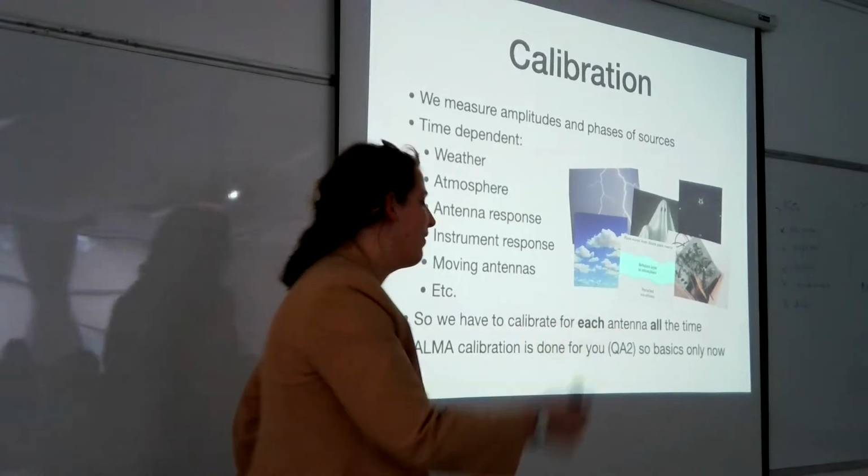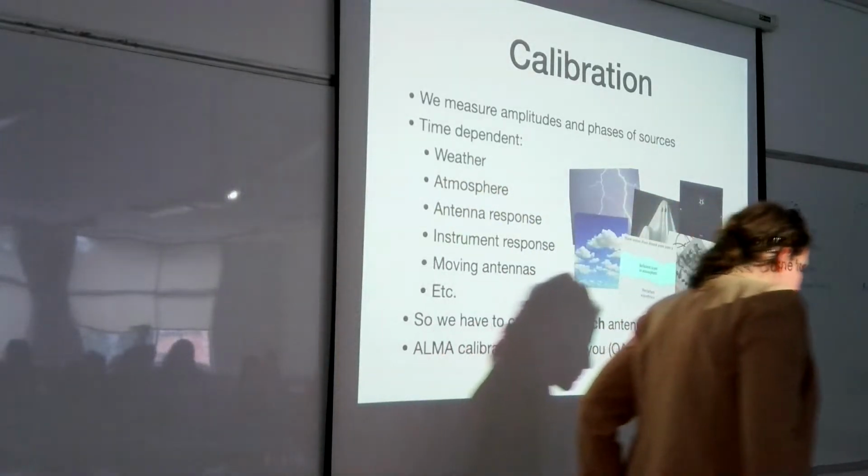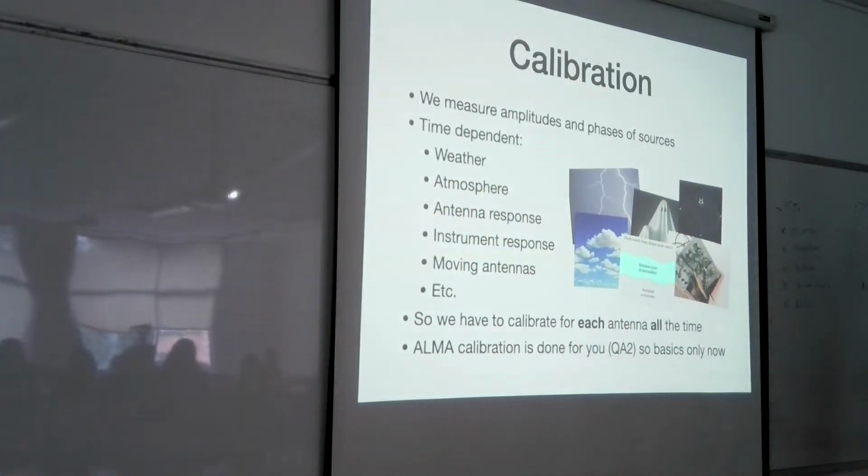I have a question maybe more regarding how do you choose between the baselines? But you already told us that it depends on the science. It depends on the science. So if you want to observe something at really high resolution, you have to make sure that your object is not too large.